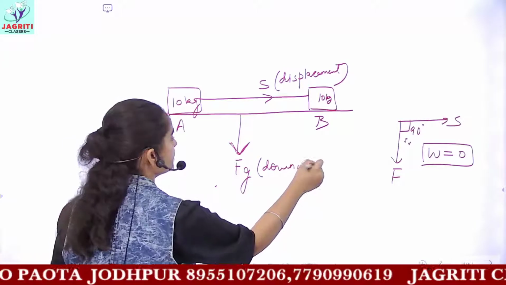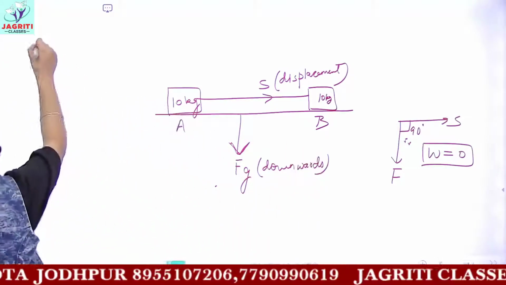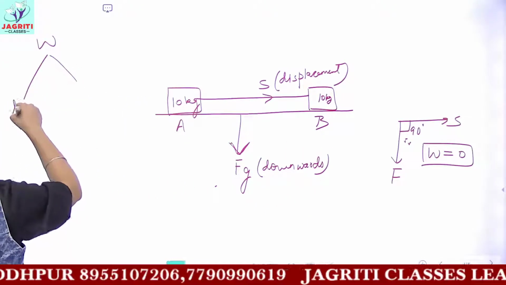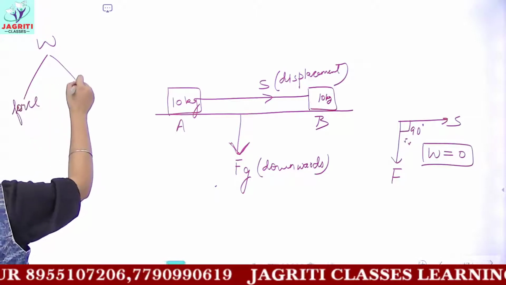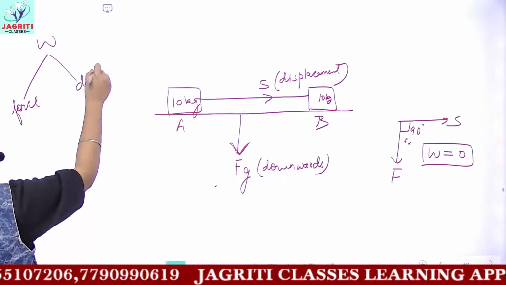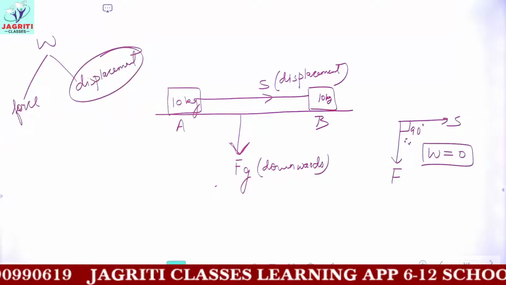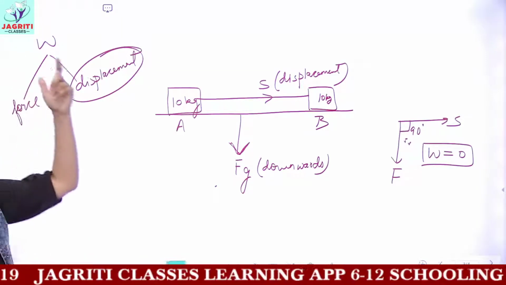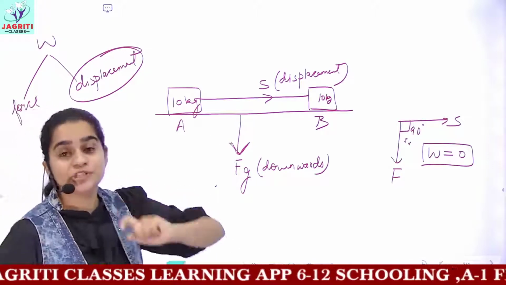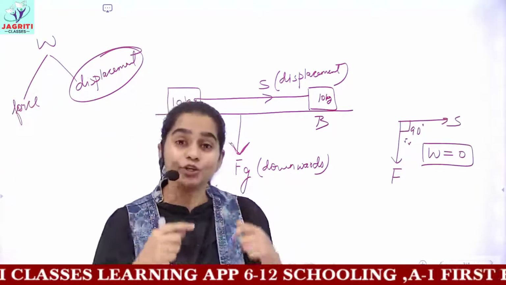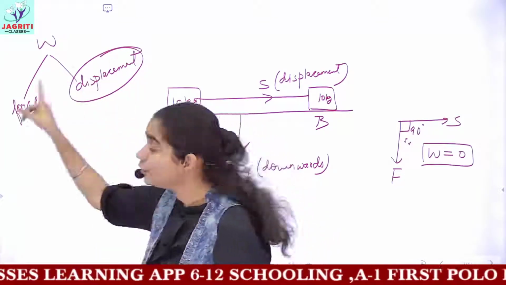So the force is applied. I told you two conditions of work. For work you should have the force applied and you should have the displacement. But the displacement should be where? The object should react or get displaced according to the force.